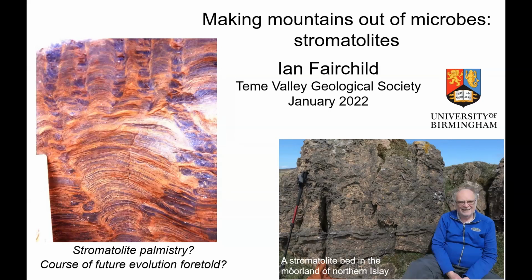So I was so delighted to find that rock face on the left. It's a rock face about this big, and it looks just like this. It looks for all the world like a fossilized hand, but it's a Precambrian rock. So that isn't the course of future evolution foretold.